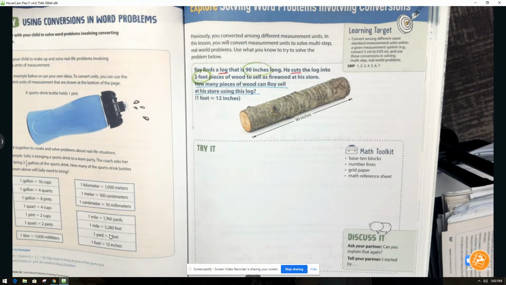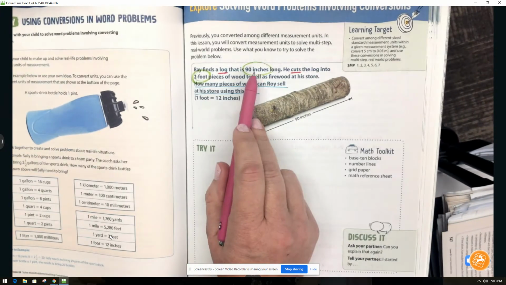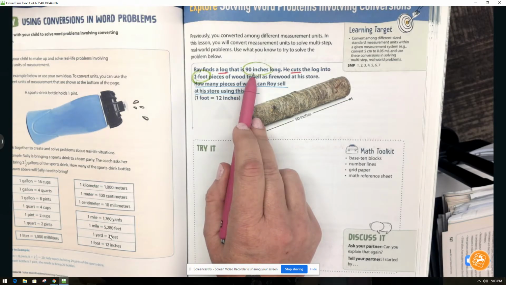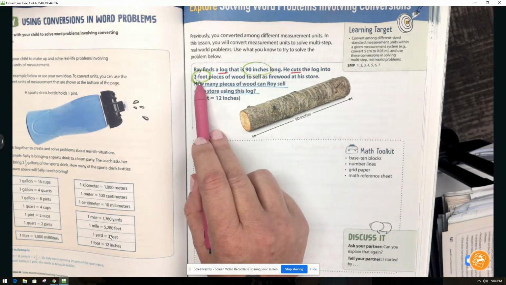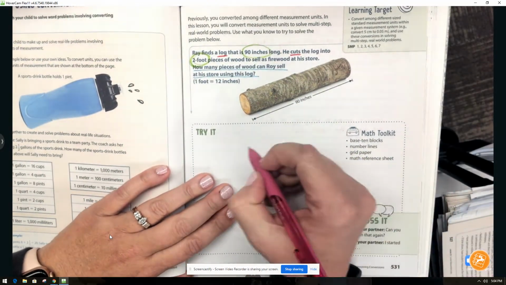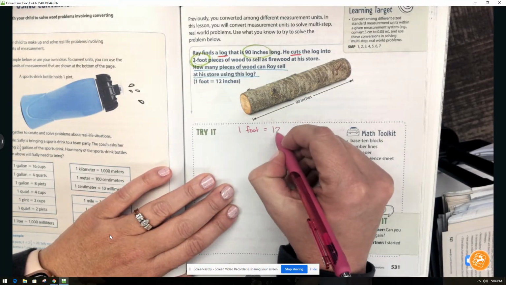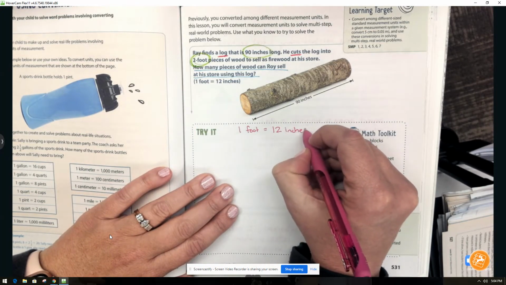So let's go ahead and do the work. If we need to know how many 2-foot pieces are in 90 inches, first we need to decide how long 2 feet is. Now we know that 1 foot is equal to 12 inches.